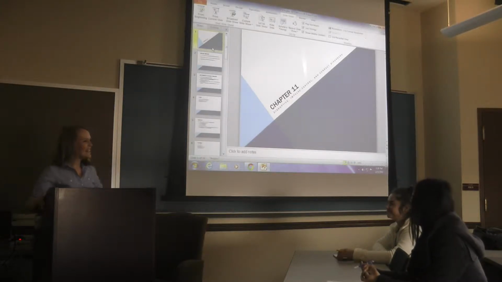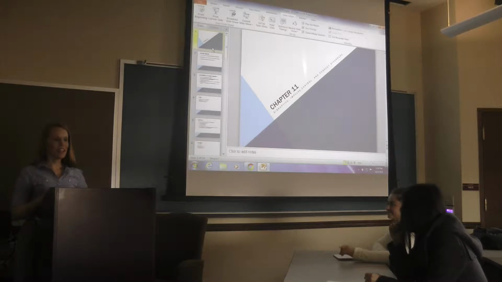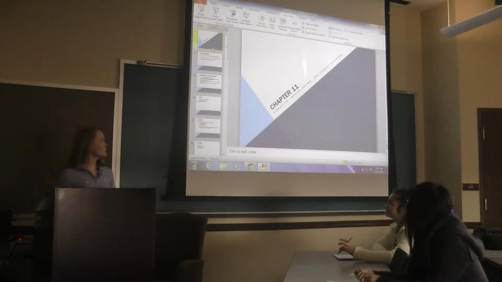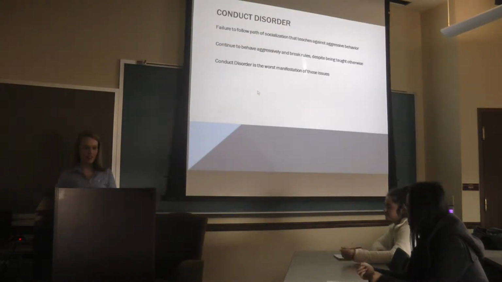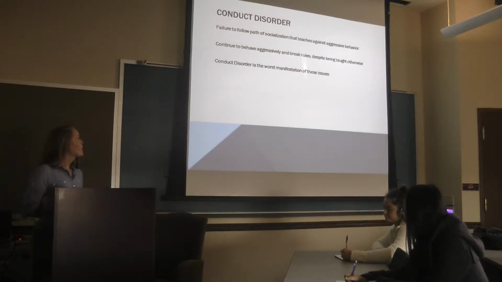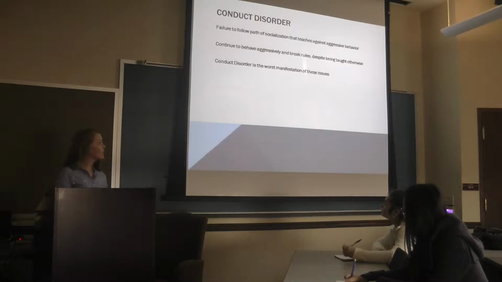Well, cool. Today we're going to talk about Chapter 11, which is about disruptive, impulse control and conduct disorders. So we'll start with conduct disorders. It's a failure to follow socialization that teaches against aggressive behavior.